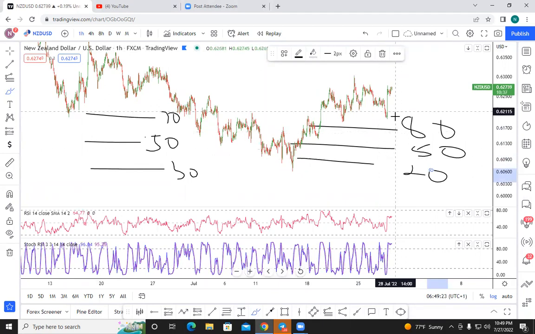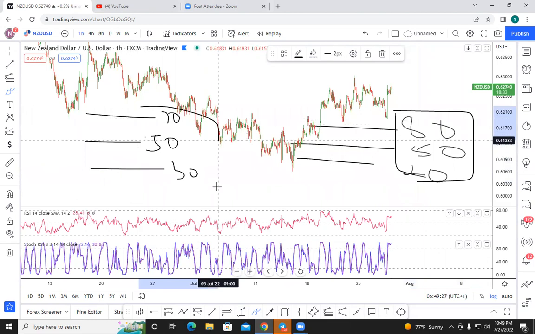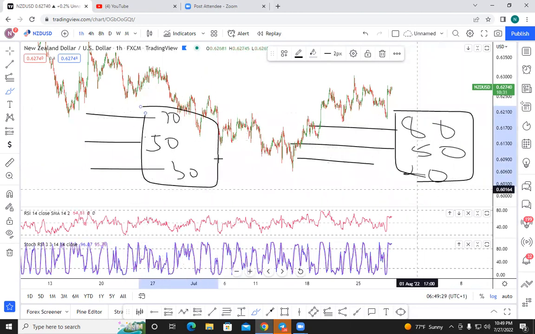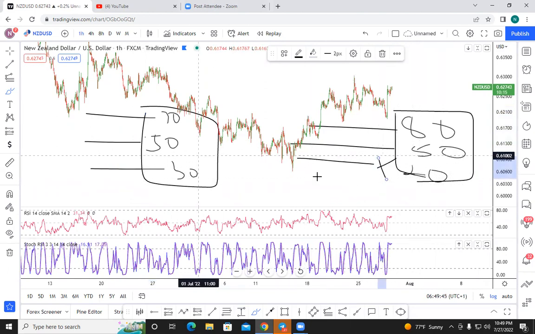If you ask me why I have mine like this, I don't know. Both settings are the same. They don't have any difference. I just want the level of my stochastic to be the same as that of my RSI. That's why I set it at 80. They give the same result.